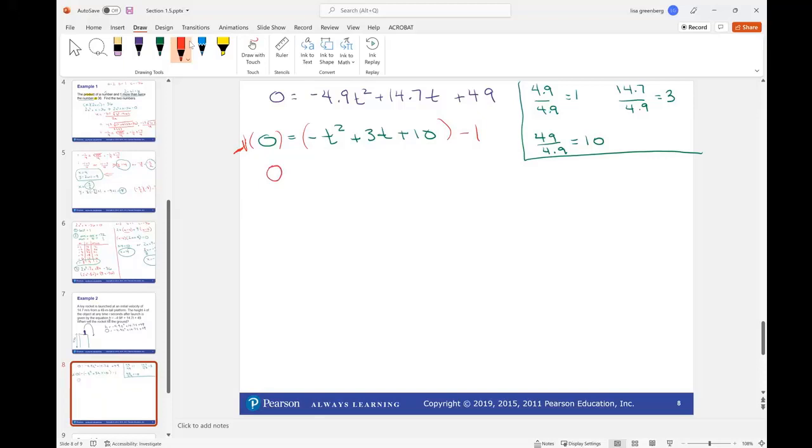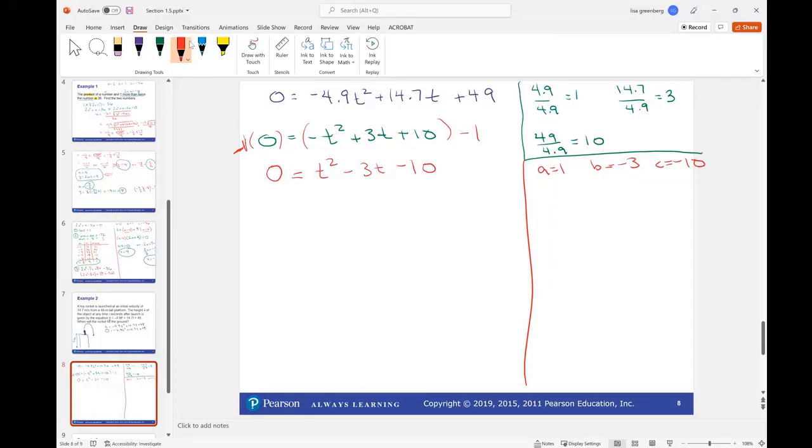So I haven't changed my 0. And I get t squared minus 3t minus 10. And now I'll show you the easier factoring way, because now we have a equals 1, right? So a equals 1, b equals -3, and c equals -10.